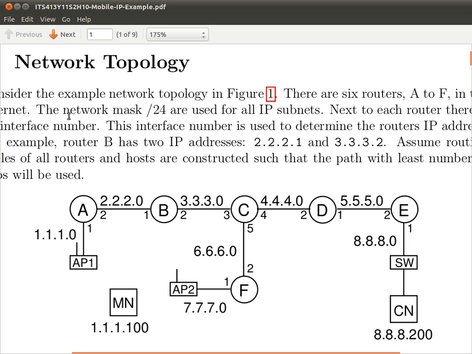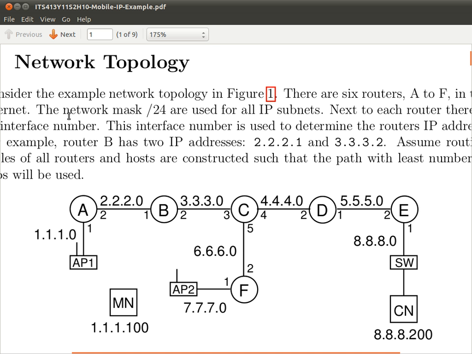How do we register? What's the process of mobile IP registration? What do we do to register? Midterm is in less than 2 weeks, or around 2 weeks. Not long left.